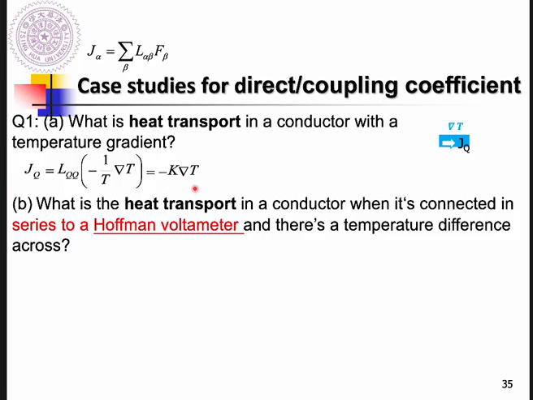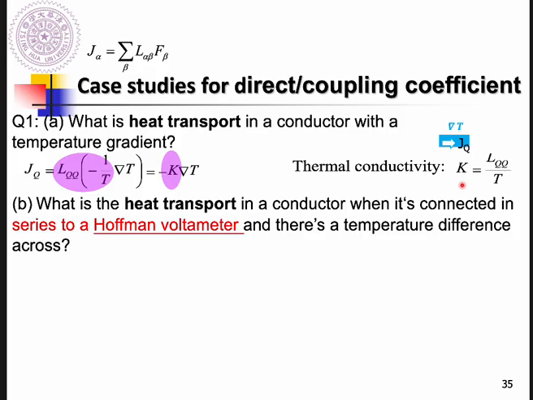But based on these questions, we know the relationship between the thermal conductivity and L capital Q capital Q. So thermal conductivity kappa equals L capital Q divided by T. So this direct coefficient equals kappa T. Okay, so the real answer is negative thermal conductivity times temperature gradient, but this result also shows what L capital Q is: kappa T.